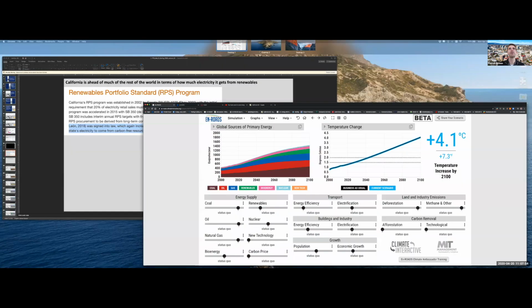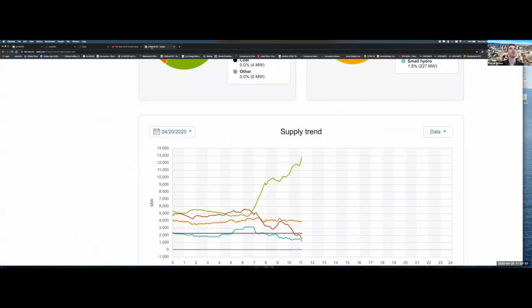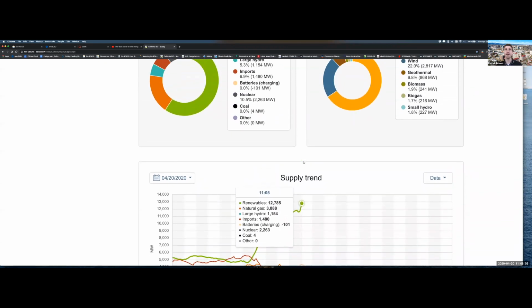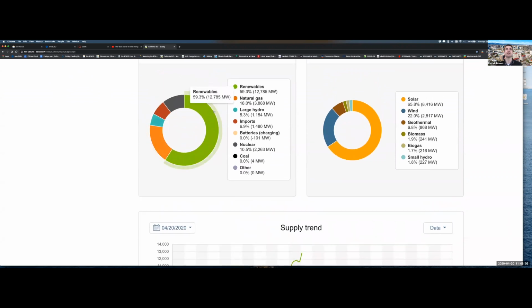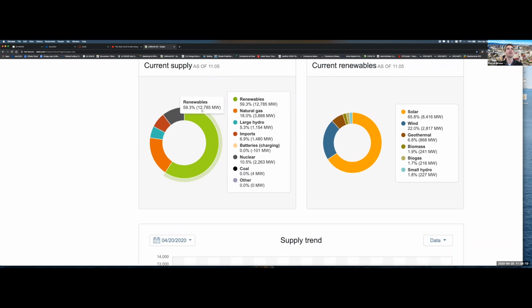But in California, when we're talking about just electricity, so not the energy used for transportation and things like that, and we're talking about just in the middle of the day, then renewables are a large fraction of our electricity supply. So this is what it is right now at this minute. It's 60%, which is mostly solar. So 65% of the renewables is coming from solar and 22% from wind.